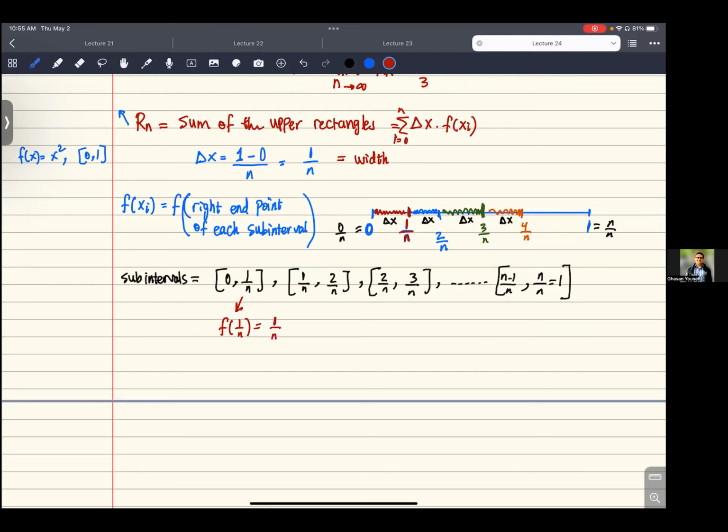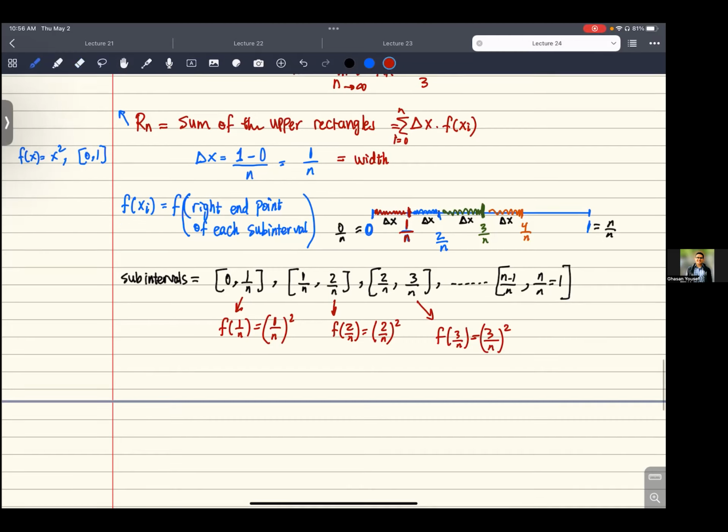And the same here. f of 2 over n is the same as what? 4 over n squared, correct, 2 over n squared. Okay, what is this one? f of 3 over n is 3 over n squared, and so on for all the values.